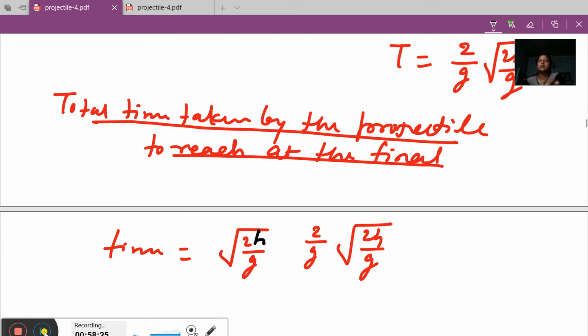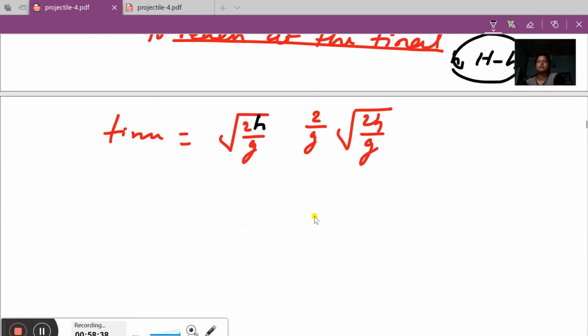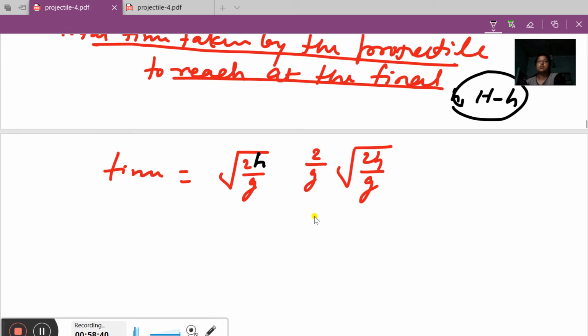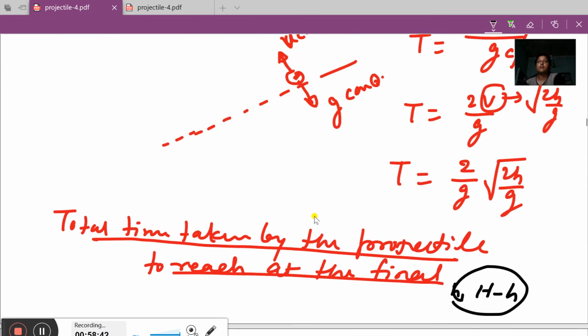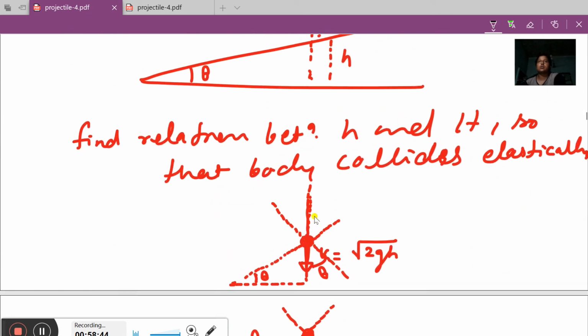So no matter whether h is given in the question or H minus h is given, we can replace it. So this one is our total time.